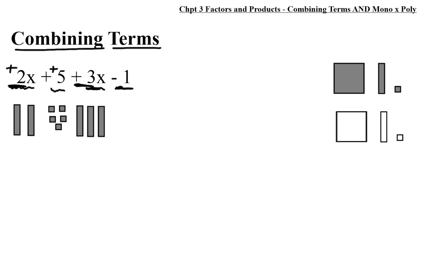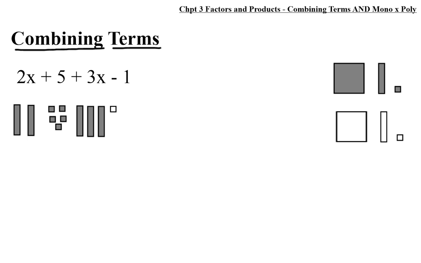And now I have to be careful because I want to finish with 1 unit tile, but now it's a negative tile. So watch your signs. Now I can bring in a negative tile. So there's what that expression looks like with tiles: 2 x's, 5 units, 3 more x's, and a negative unit tile.